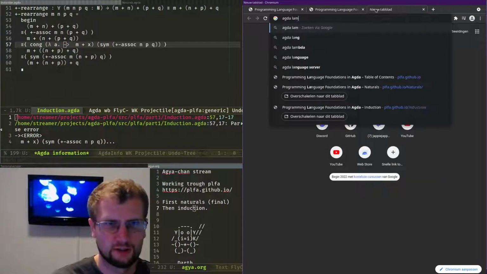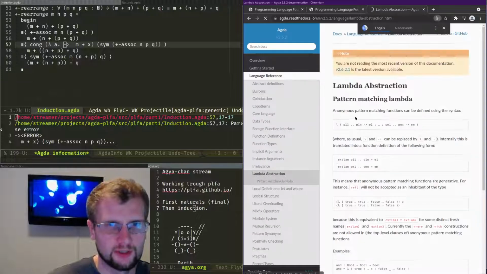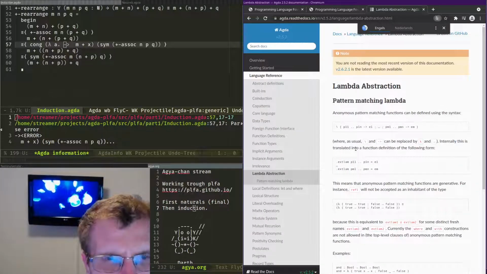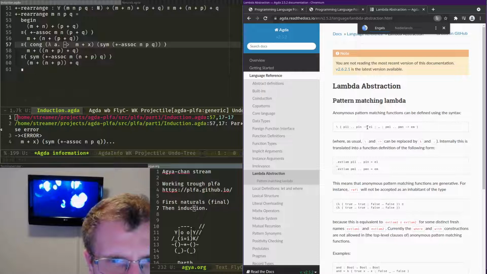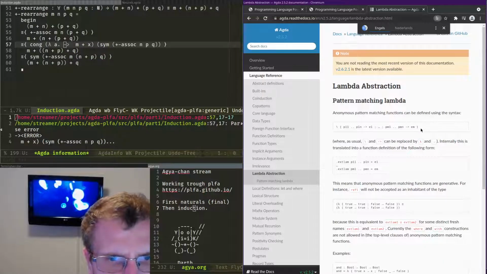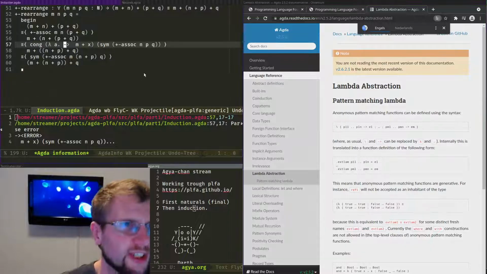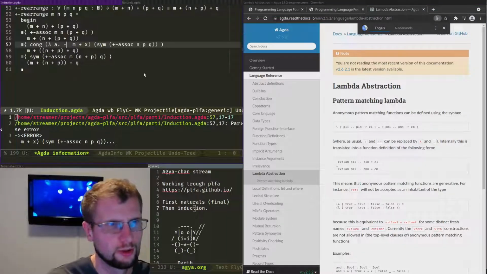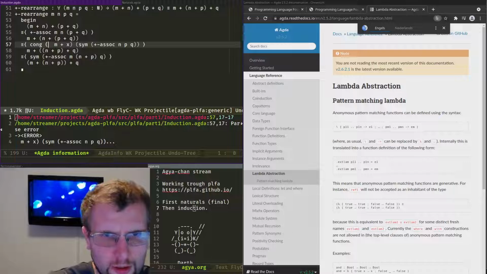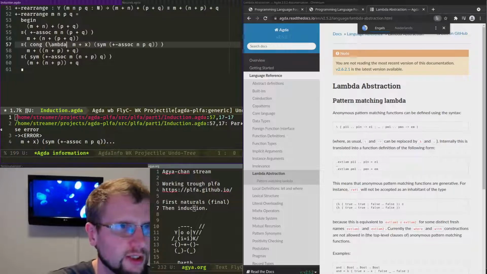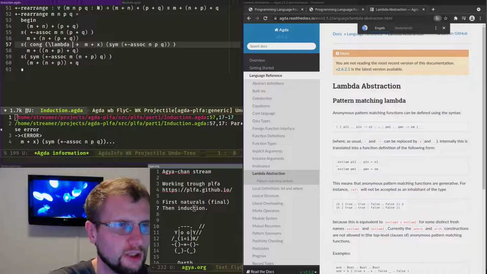Agda lambda. Lambda abstraction. Oh, it's like that. Oh, it's just backslash. Oh, it's lambda and 2. Okay, lambda and 2, and then x.